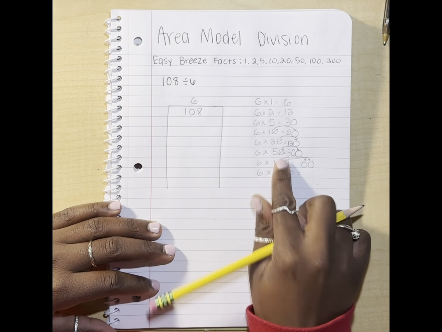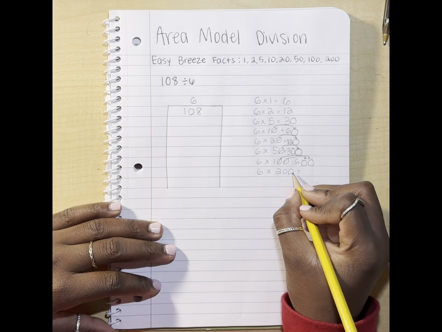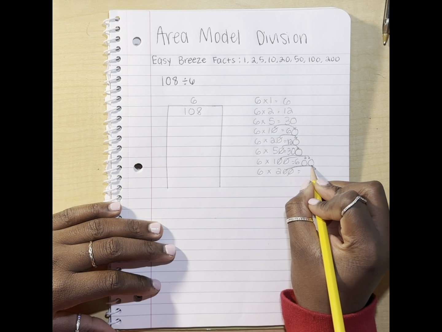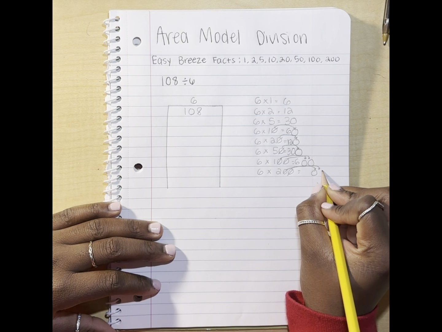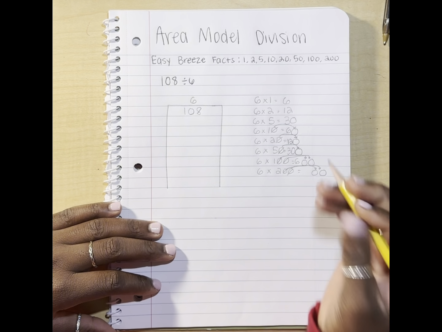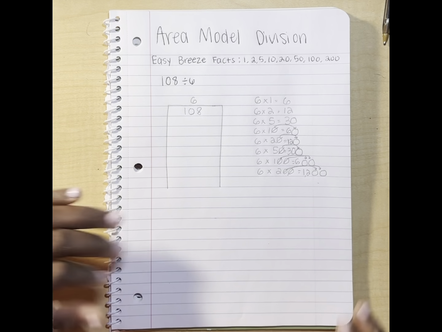And I'm left with 6 times 1, which is 6. So 6 times 100 is 600. Same thing here. Since I'm crossing out 2 zeros, I have to move 2. 6 times 2 is 12, so we have 1,200.